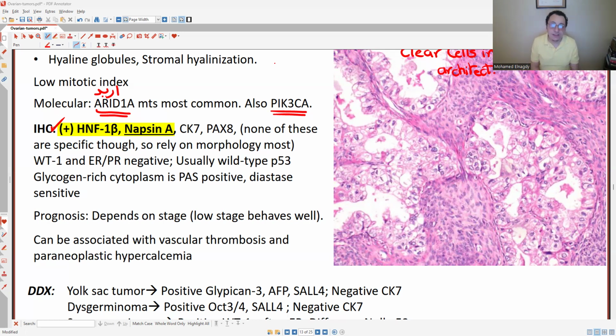Hemorrhagic corpus luteum cyst. It's physiological and incidental, it happens in a lot of females, and it's highly likely to be there in benign ovaries. And follicular cyst if there is less stratification.